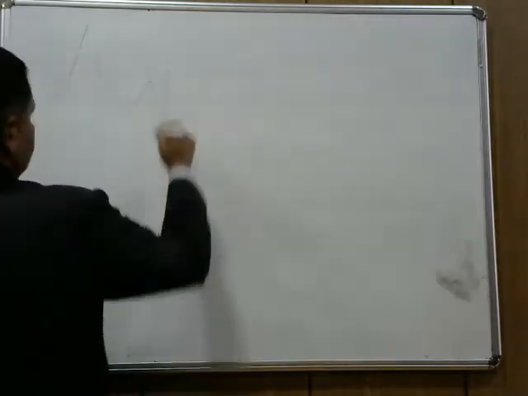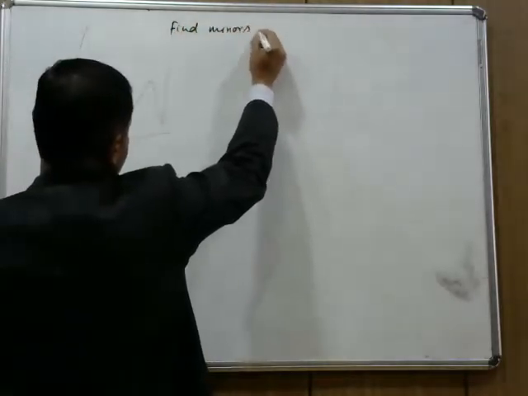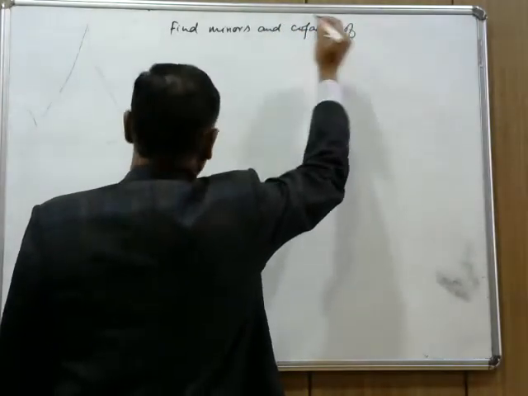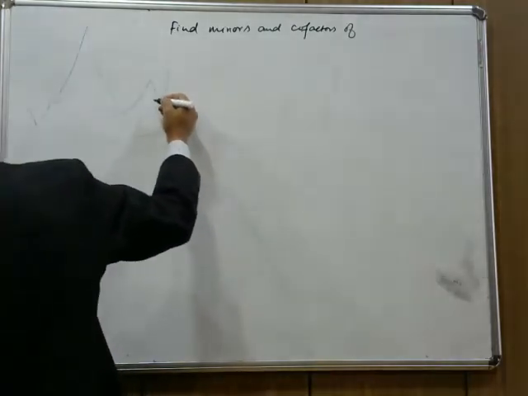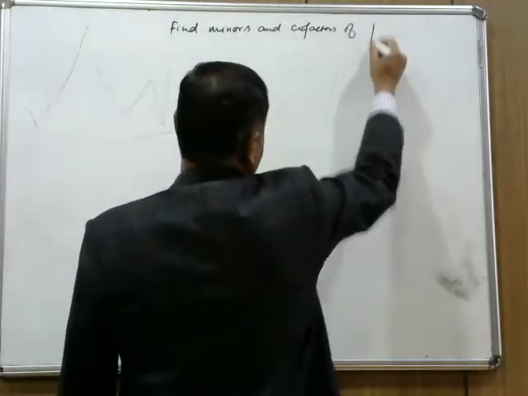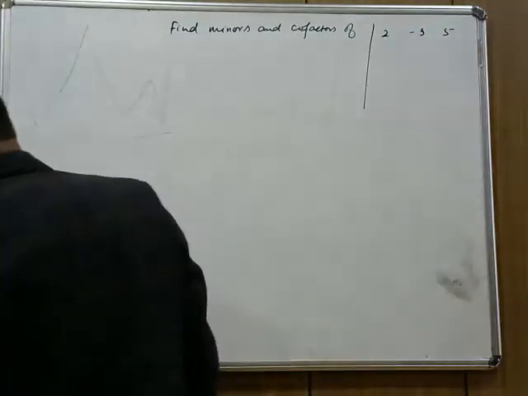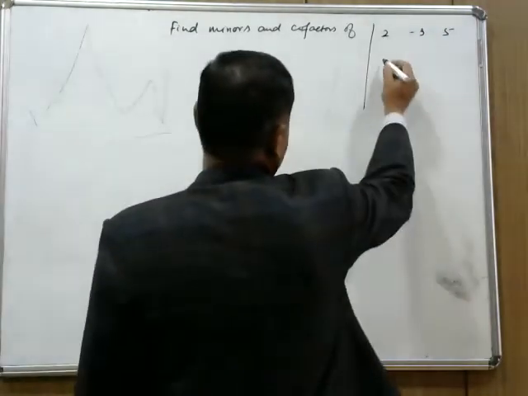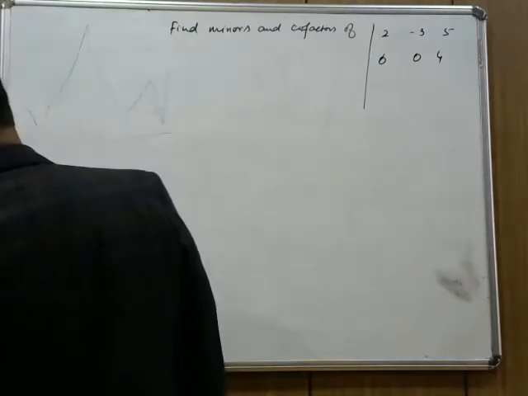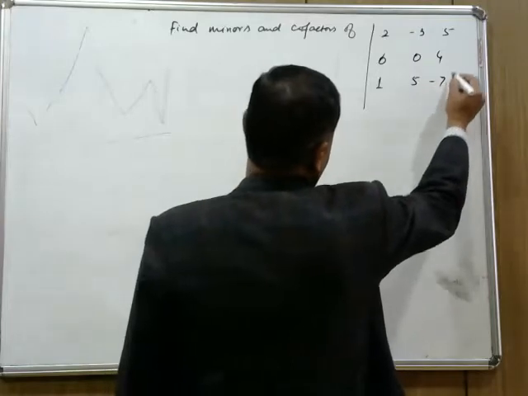Find minors and cofactors. Question is, find minors and cofactors of the determinant of 2, minus 3, 5, 6, 0, 4, 1, 5, minus 7.